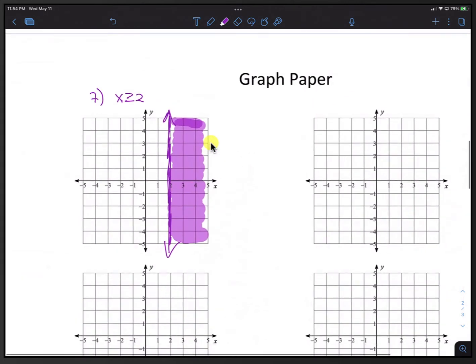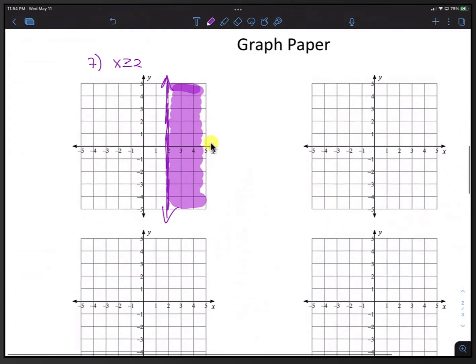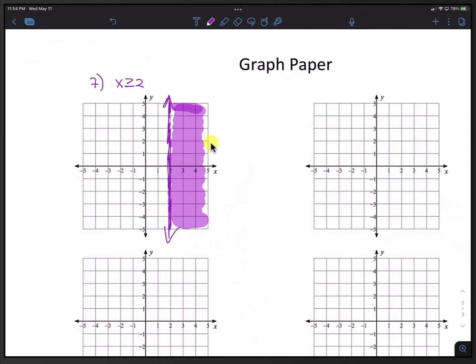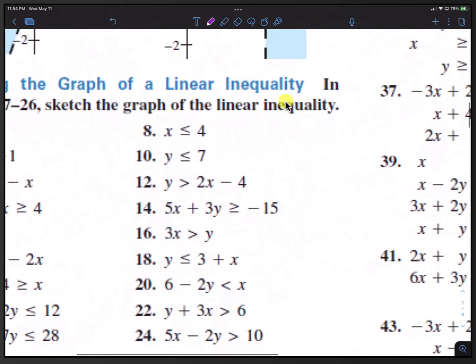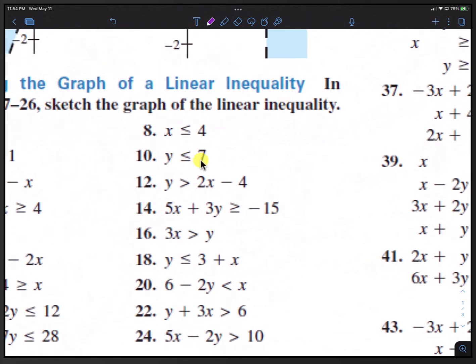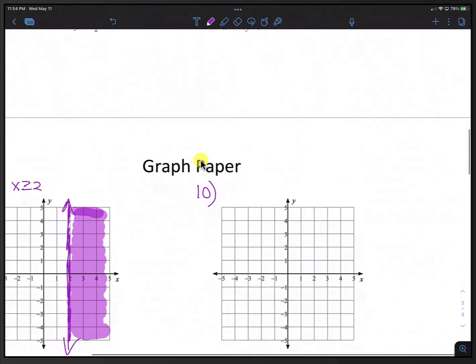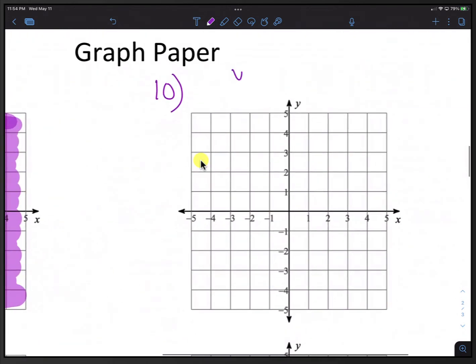All right, now let's go to the next question, which would be number 10. It is y is less than or equal to 7. Now we know if y is equal to 7, that would be a horizontal line. So here we're at 5. We just need to maybe extend it just a bit.